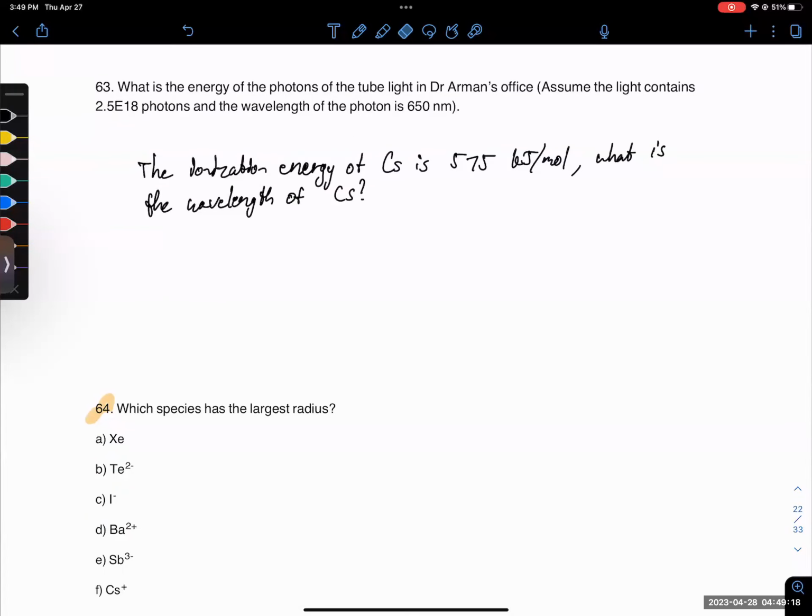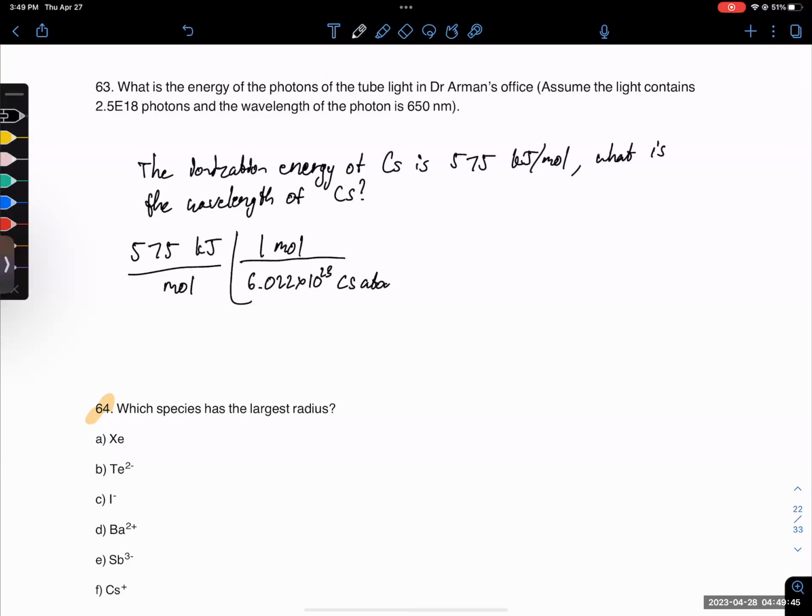As some people in the class have stated, first you need to get rid of the moles. So 575 kilojoules over 1 mole. And then how do we get from moles to atoms? What number do you use? Avogadro's number, 6.022 times 10 to the 23rd cesium atoms.